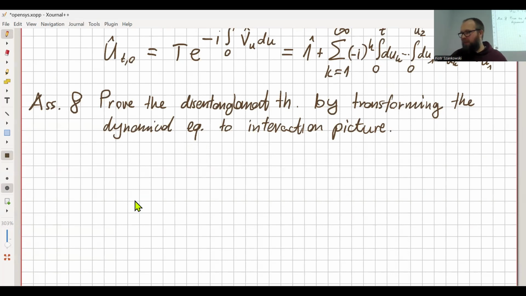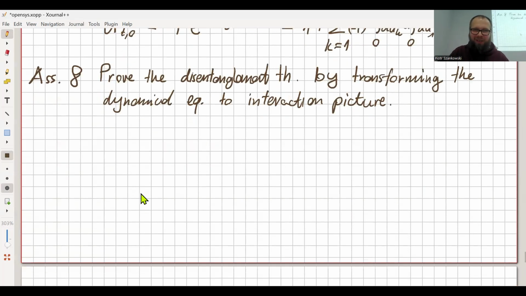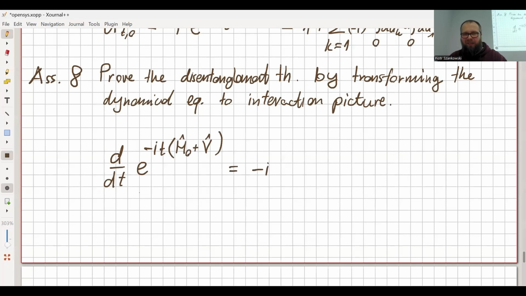There won't be too much writing here. So the dynamical equation I'm talking about here is the equation for the whole guy. So the derivative of this equals the full Hamiltonian, right?